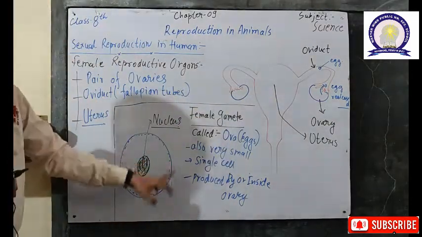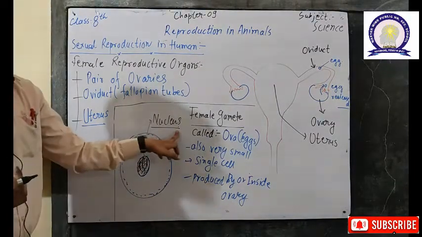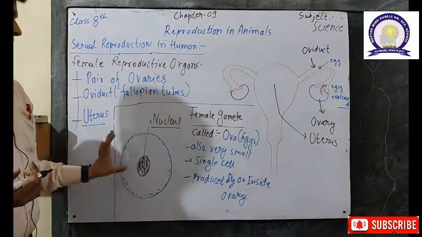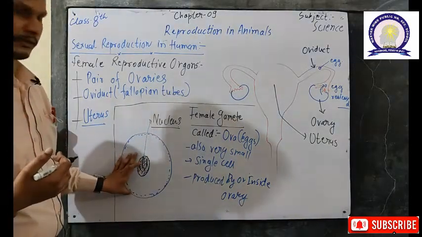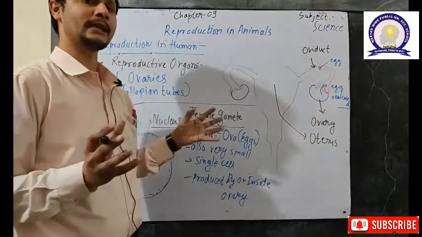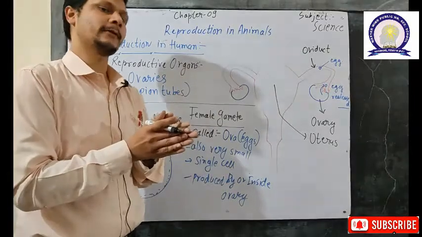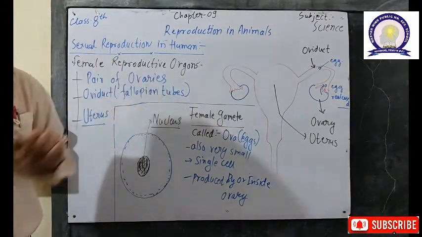It looks like a single cell. Like a cell, it has a cell membrane and also has a nucleus. In fertilization, one egg cell or ova and the sperm from the male reproductive system, these two cells fuse and perform the process called fertilization, which we will be studying in the further section.